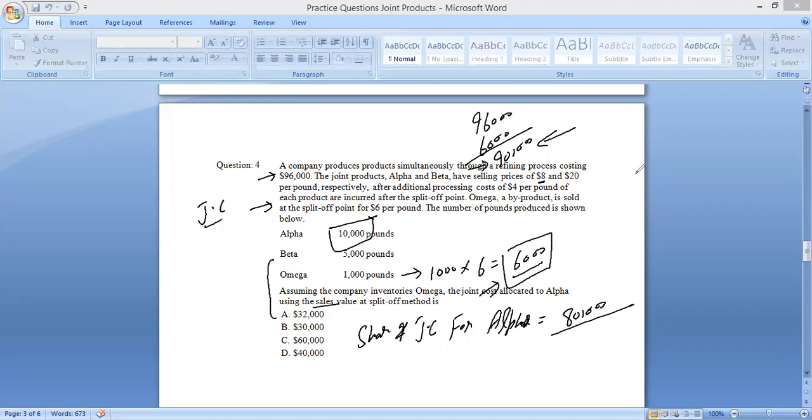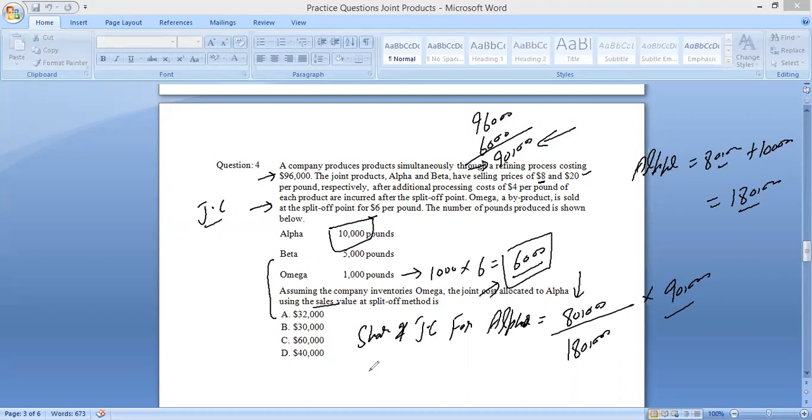How can we get the total sales value? Alpha we just got, 80,000, and beta 20 times 5,000 is 100,000. So 180,000 is the total sales value. Students, sales value of alpha divided by total sales value multiplied by joint cost. That is how you will get the share of joint cost.